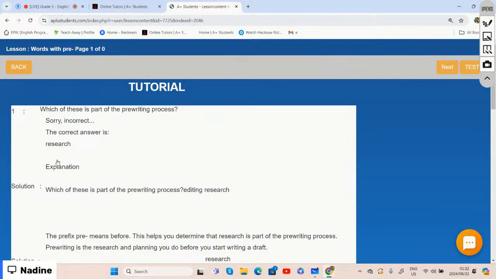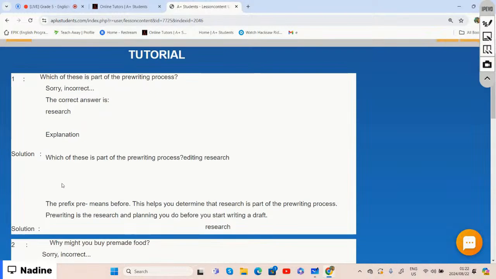It will make it easier for you to understand when you see another word that seems the same as pre something, pre look, pre heat, pre game. All right, which of these is part of the pre writing process?